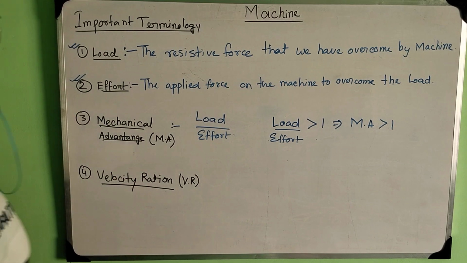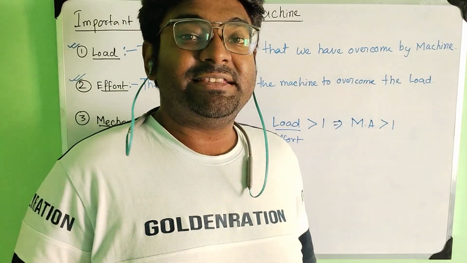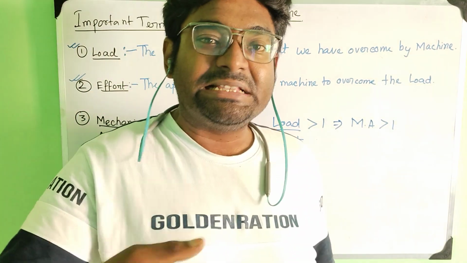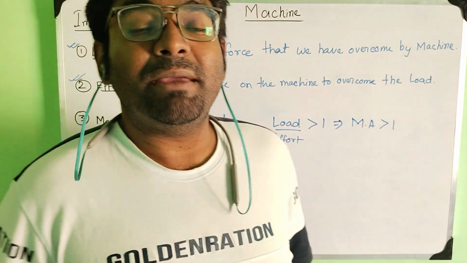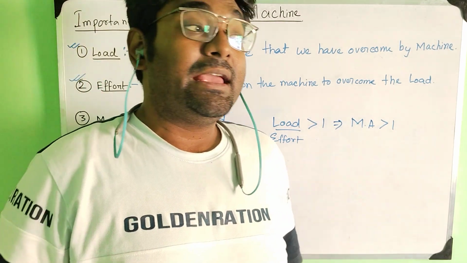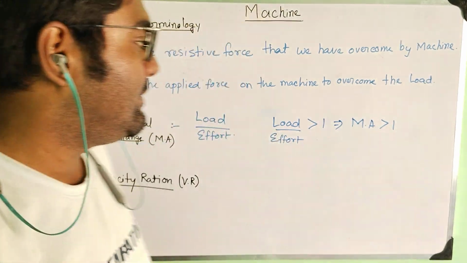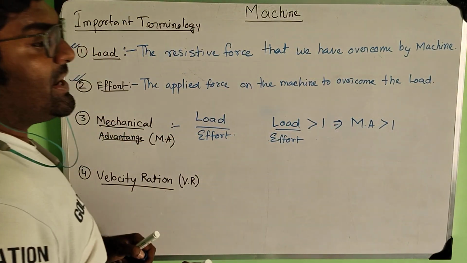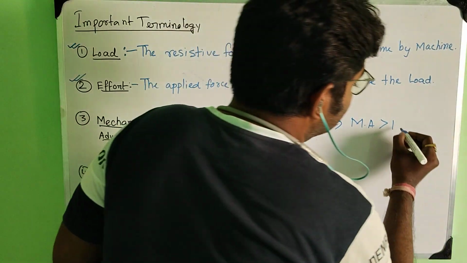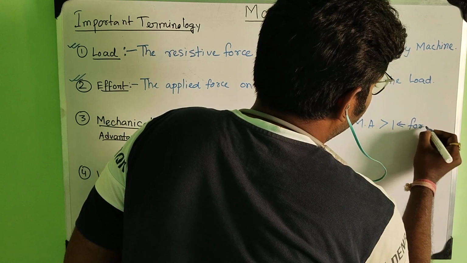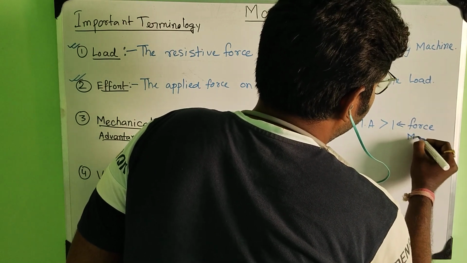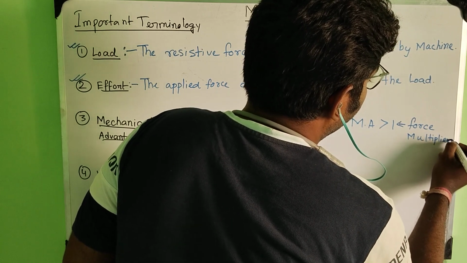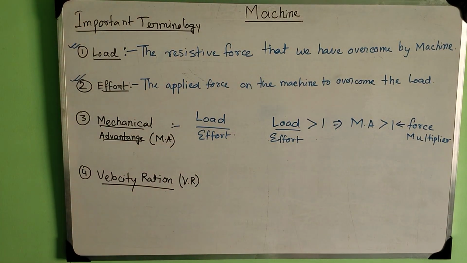Machines like the jack screw, crowbar and spade are examples of force multipliers. If the mechanical advantage of any machine is greater than 1, it will act as a force multiplier.